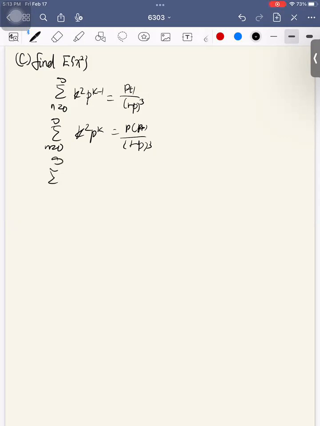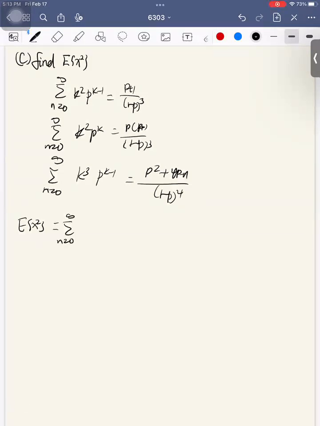We will have this expression right here. We get this equation. So now we can say E[X squared] is equal to the thing right here. Since we know this expression, we can just multiply by b in this equation, and after doing that, we can get this result for E[X squared].